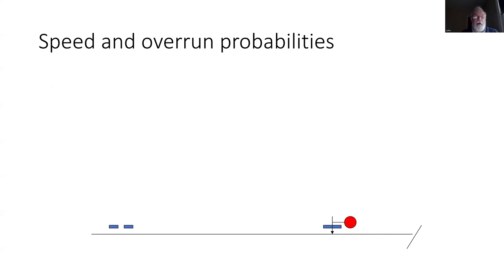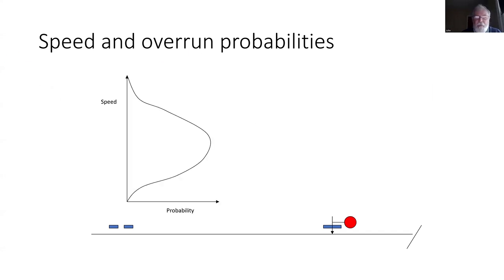So let's just have a think about this. We've got a railway, we've got a signal protecting a conflict beyond the overlap, it's got a TSS and it's got an OSS.